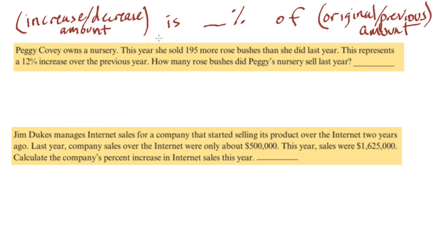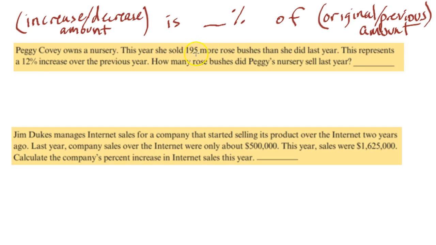Okay, so the increase-decrease amount, sometimes it's given to you, sometimes you have to derive it. So we have this year she sold 195 more rose bushes than she did the last year. So that tells you how much it's increased. It's gone up 195 more than the previous year.